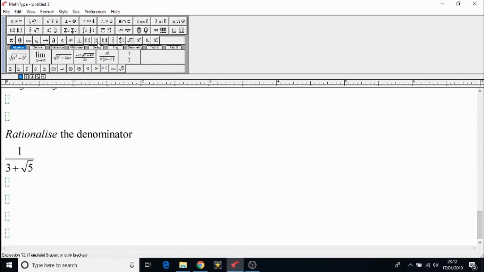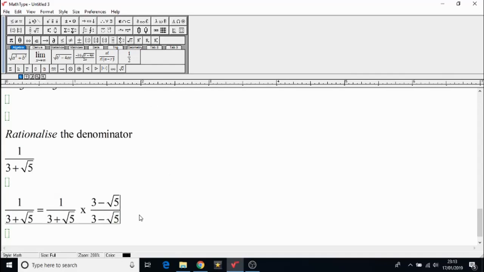So 1 over 3 plus root 5 is equal to 1 over 3 plus the root of 5 multiplied by the conjugate. So 3 minus root 5 over 3 minus root 5.